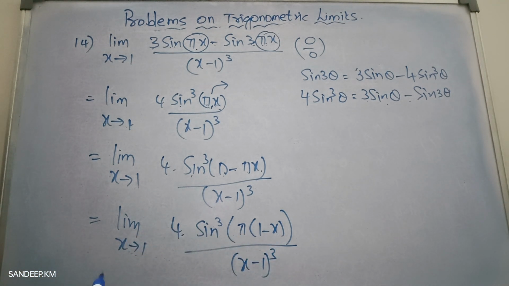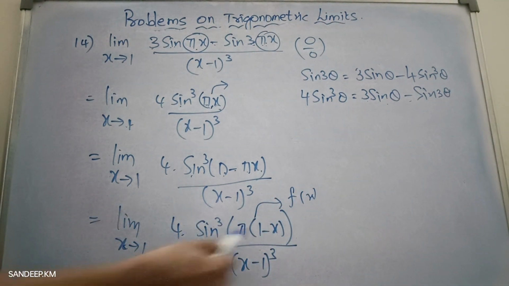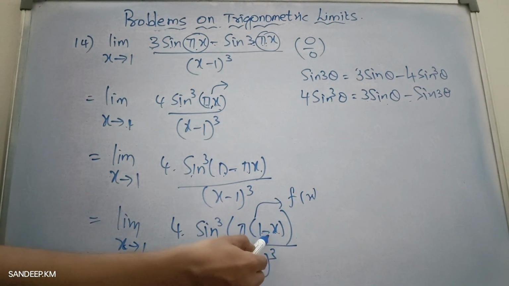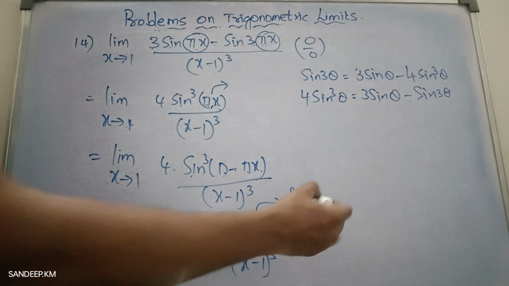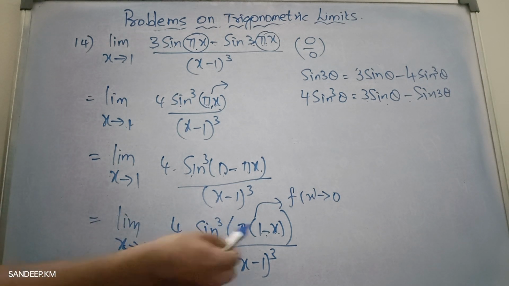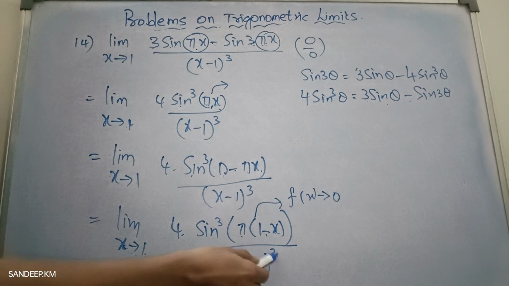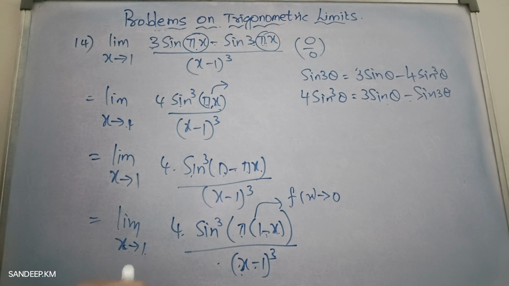Now dear students, observe this. If you take this as f of x, and if you substitute x as 1, 1 minus 1 is 0, 0 into pi is 0, our f of x is approaching 0, correct or not? So we are on the right track. Since here we have 1 minus x, I would like to have 1 minus x here also. So take minus common outside. When minus comes outside, it takes the power, minus cube is minus.